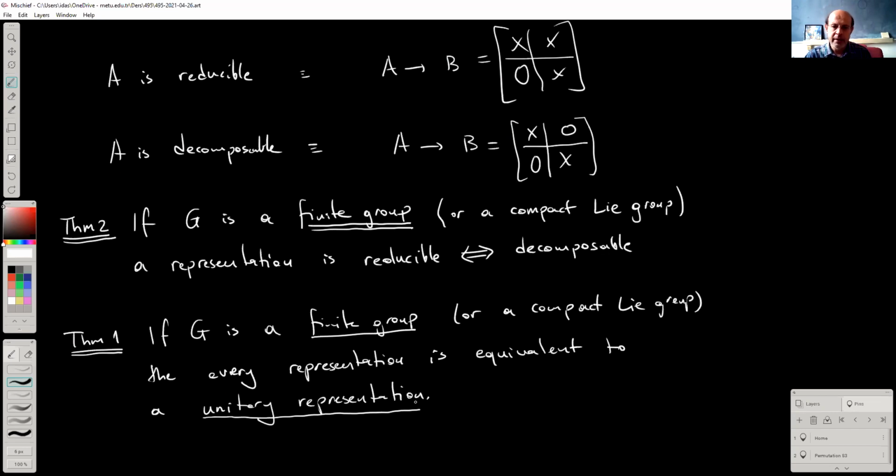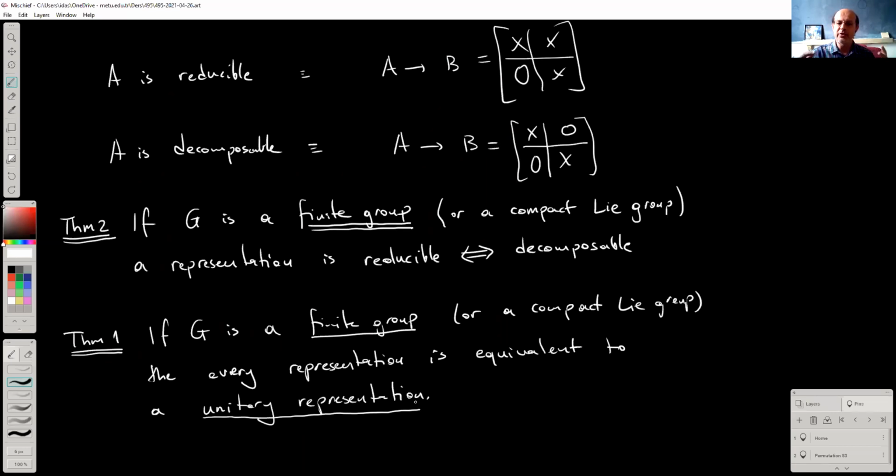Somehow in quantum mechanics, a symmetric transformation always corresponds to a unitary operator acting on the wave function, right? That's the first thing. I'm going to also talk about this.